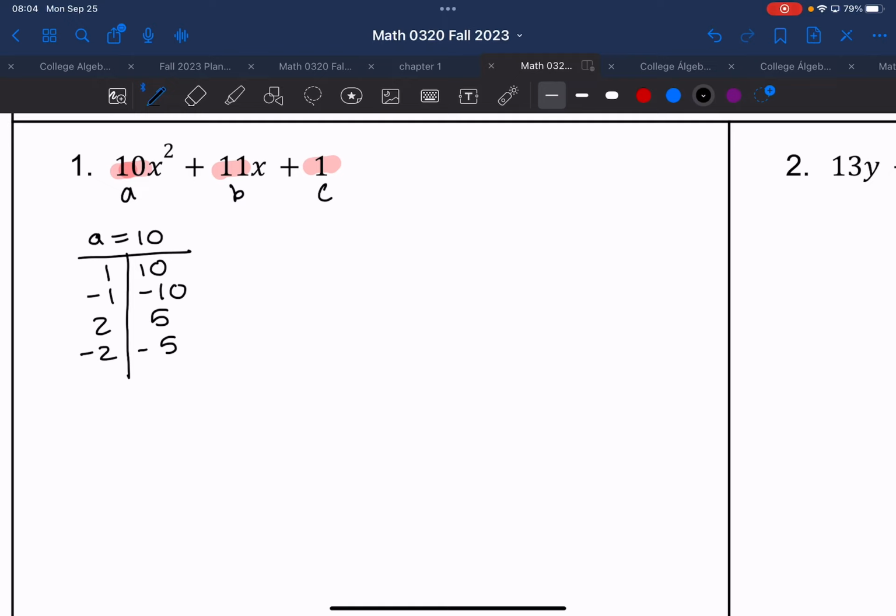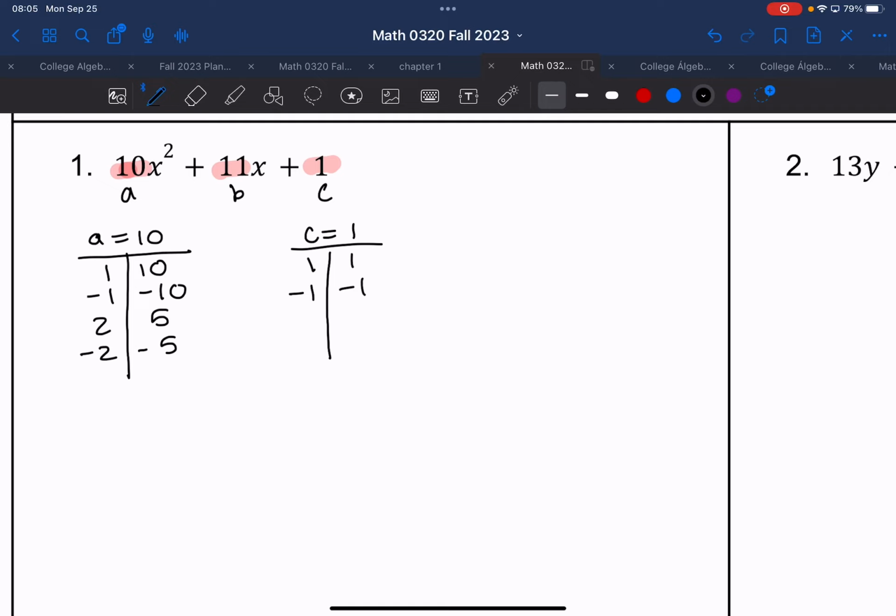Okay, so now we're going to look at our C. So we have C is equal to 1. There's only going to be 2 factors that will give us 1. What will be those 2 factors? 1 times 1 and negative 1 times negative 1. That will give us our positive 1.